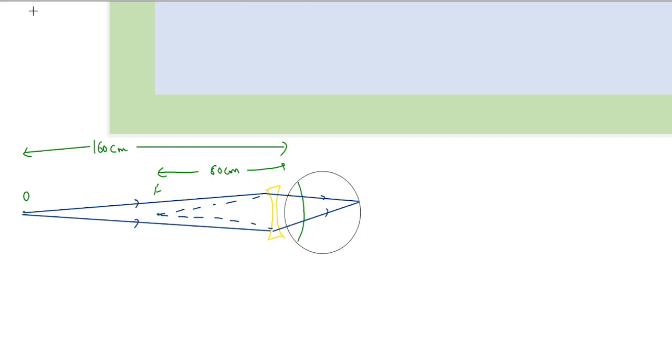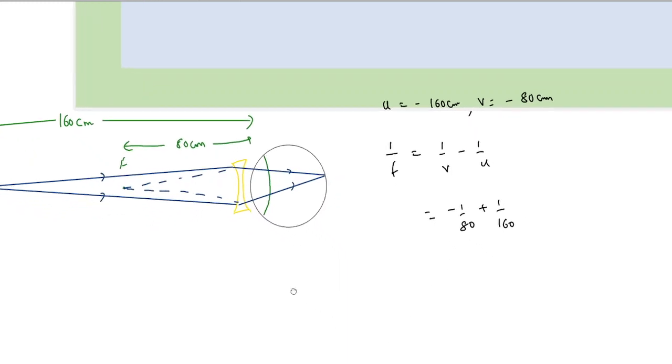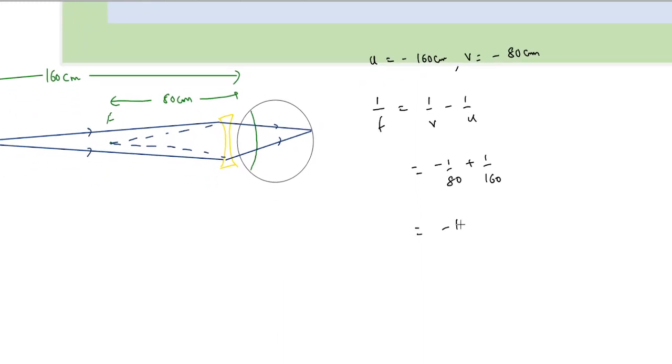So in this case U would be minus 160 centimeter, and V is equal to minus 80 centimeter by sign convention. Therefore 1 by F is equal to 1 by V minus 1 by U, that is minus 1 by 80 plus 1 by 160, which is equal to minus 160 plus 80 by 80 into 160.